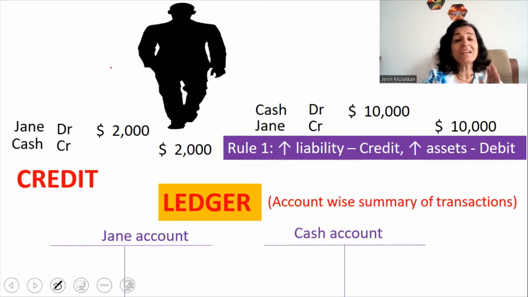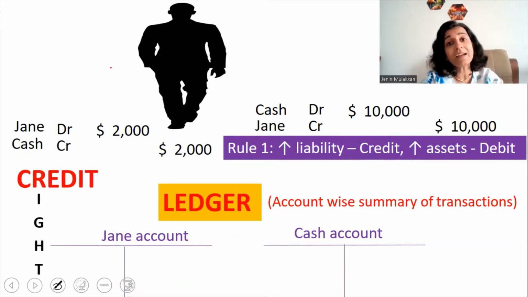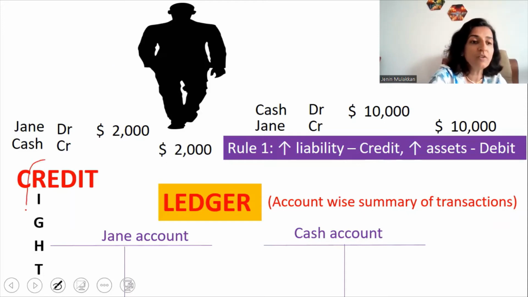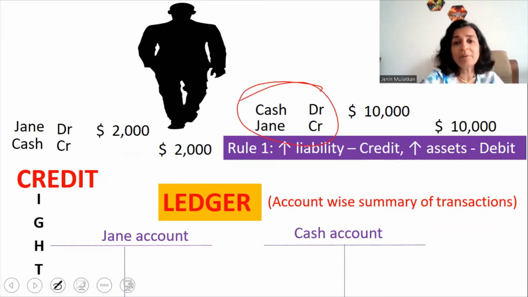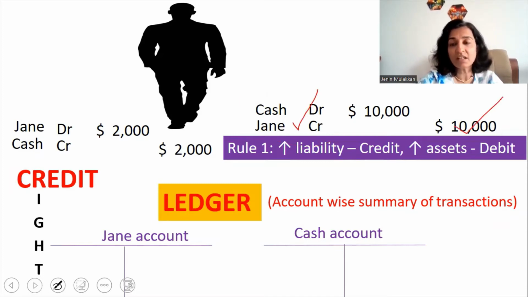Now all the credit transactions are recorded on the right side of the account. So always remember, credit transactions are recorded on the right side of the account. So obviously the debit transactions will be recorded on the left side of the account. So what is the first entry that has been passed? It is cash account debit and Jane account credit. So Jane account has been credited with $10,000.